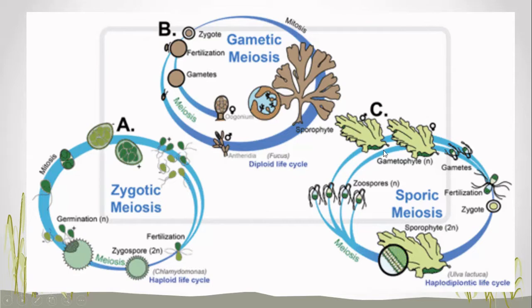The gametophytes will release the gametes. Then fertilization occurs and a zygote is formed. The zygote continuously divides until it becomes a sporophyte. The sporophyte is diploid because the gametes are haploid.